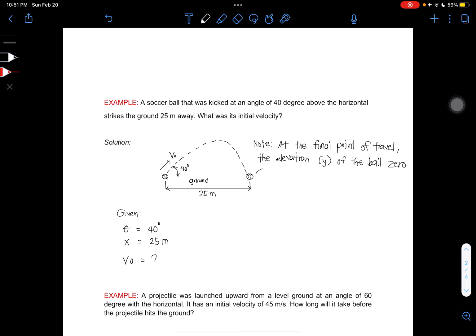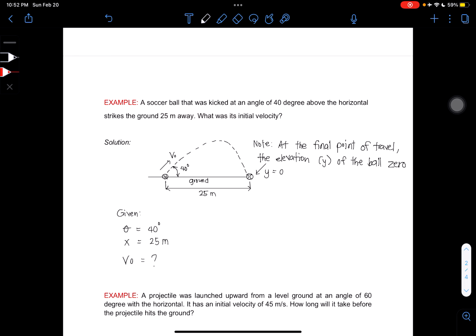It is 0 because our elevation is the same as the start. So therefore our y is 0. So to solve this, we need to use the combined two equations.